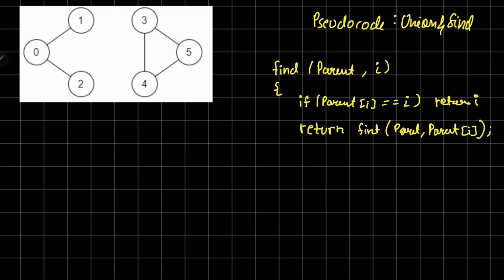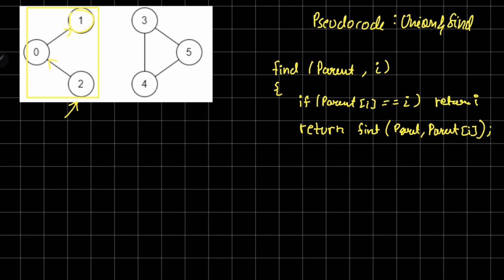What this basically means is, let's take this part as an example. What this find function will do is, let's say we call the find function on 2. The parent of 2 would be 0 and the parent of 0 is 1.